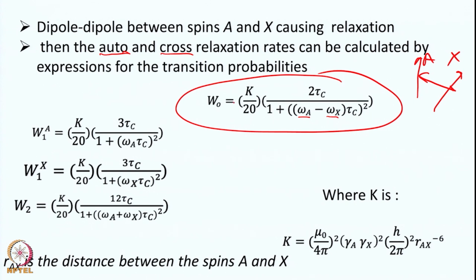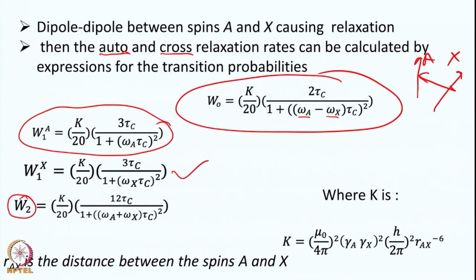So, we can give this for omega 0, and similarly we can have omega 1 for A and x, and we can get the correlation by doing a simple algebraic equation. We can also get omega 2, that is the transition probability for the double quantum transition.